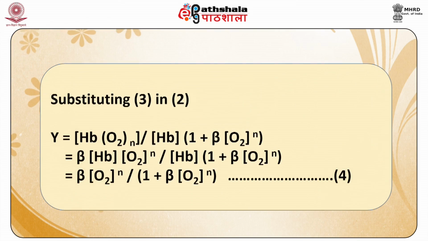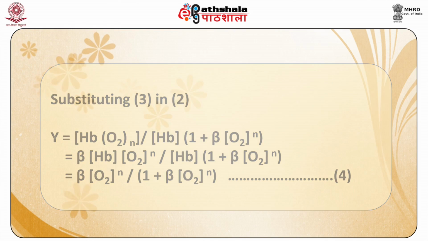By substituting and rearranging, we get the expression for Y as Y is equal to beta [O2]^n divided by 1 plus beta [O2]^n. As O2 is a gas, it is convenient to express concentration in terms of partial pressures of oxygen, that is PO2.